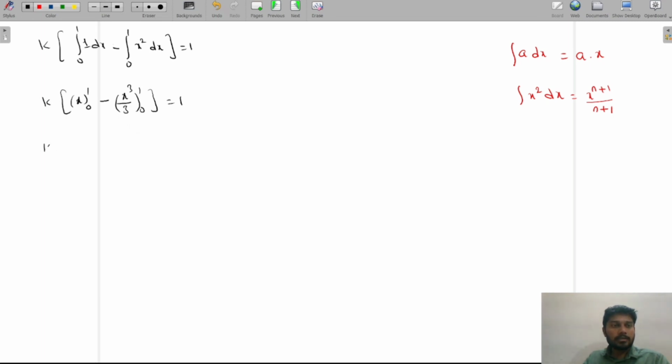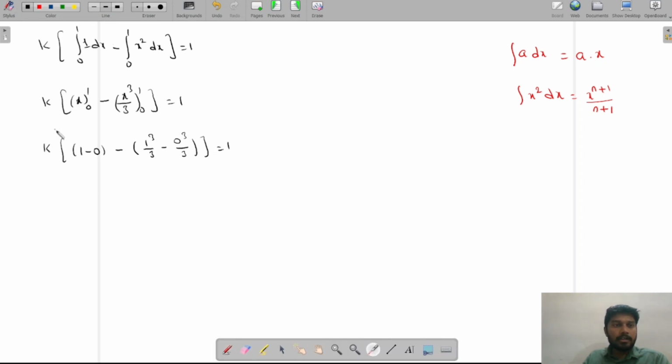Okay, so now k of substituting upper limit minus lower limit, 1 minus 0 minus of 1 cube by 3 minus 0 cube by 3 and bracket close, equal to 1. Okay, see what happened here. Here only x I'm having, so in the place of x substitute upper limit minus lower limit. Here I'm having x power 3, right? So upper limit power 3 by 3 minus lower limit power 3 by 3 I substituted.